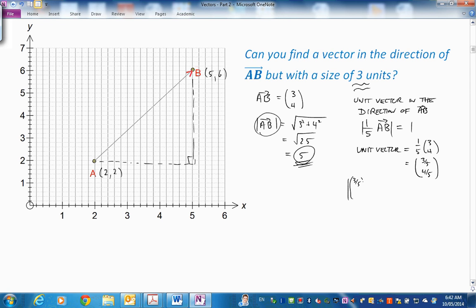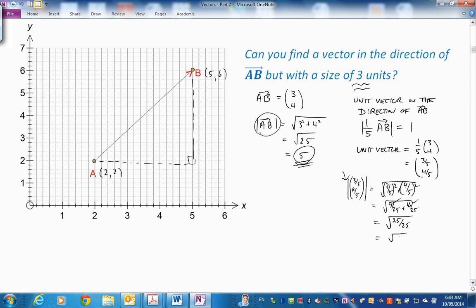The length, which is that symbol for size or absolute value of a number, and we're going to use the same symbol in vector land, is the square root of (3/5) squared plus (4/5) squared. It must work because we've multiplied by a fifth, but let's just check it. Make sure you're happy. 9/25 plus 16/25, root of 25/25, adding up the two lots of 25.